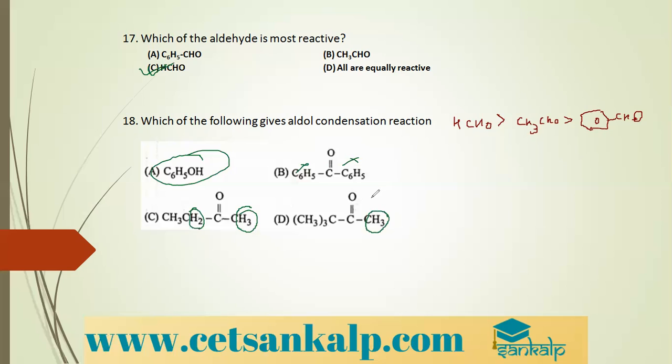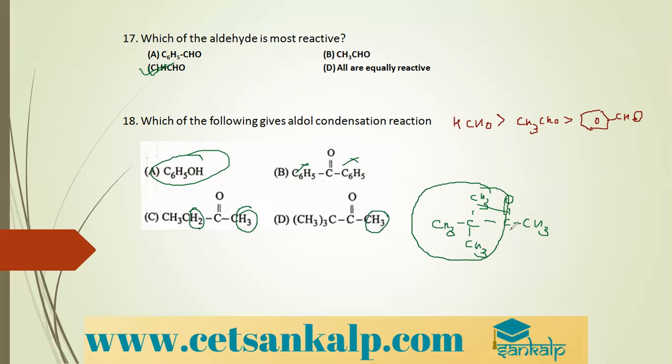So, although both options C and D have alpha hydrogens, yet CH3C(=O)C(CH3)3 does not undergo aldol condensation, because if you write the structure, there are 3 methyl groups attached to the carbon. So this becomes a very bulky group.